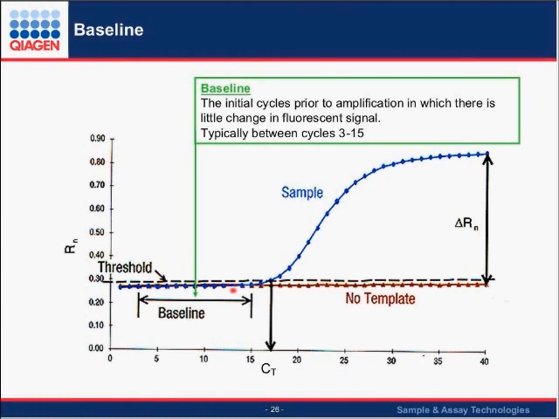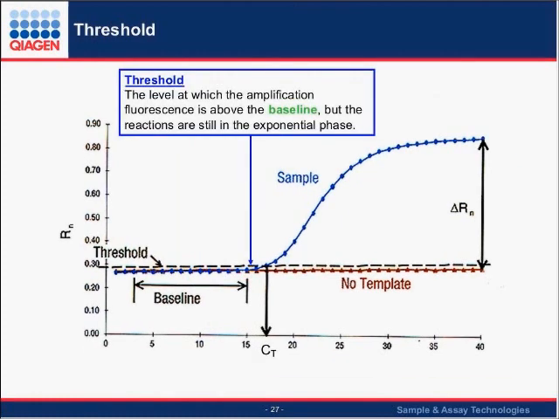So this area right here is called the baseline. Now, once we've accumulated enough fluorescence, we begin to generate more fluorescence, and this is the amplification coming above the baseline. So here's the baseline, and then at some point we begin to accumulate fluorescence, and that point at which it goes above the baseline is called the threshold.